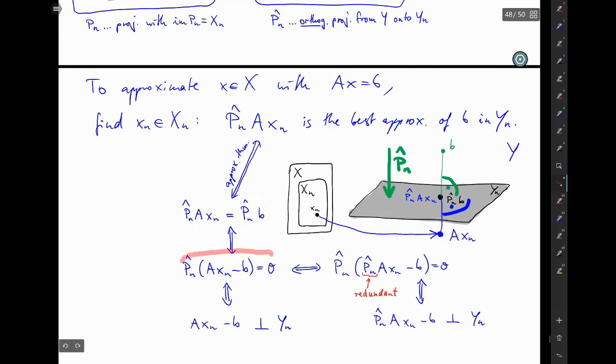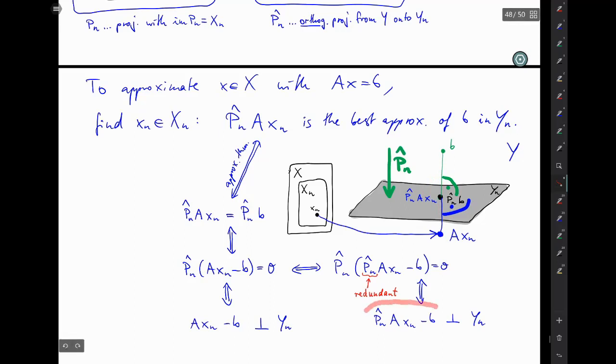The next one says that if you look at the difference of Axn and B, which is this long line here, you get a vector that if you project it down to Yn, you end up at 0, or in other words, that connection is orthogonal to our subspace and our image here, this plane Yn. Right, so connecting these 2 points gives you something that is orthogonal to Yn.